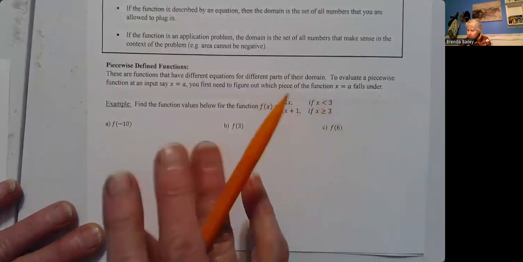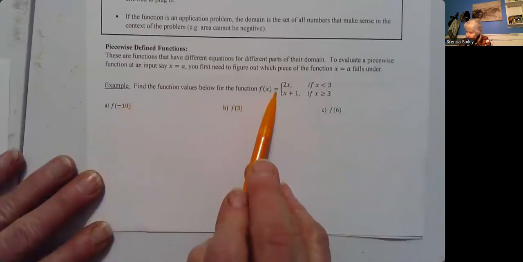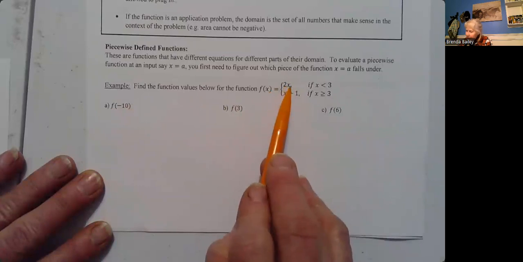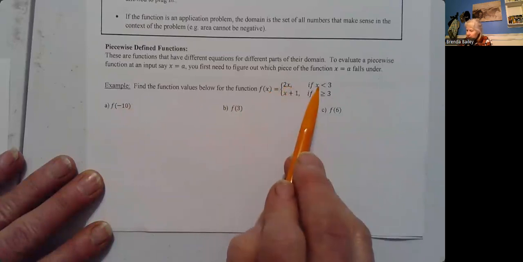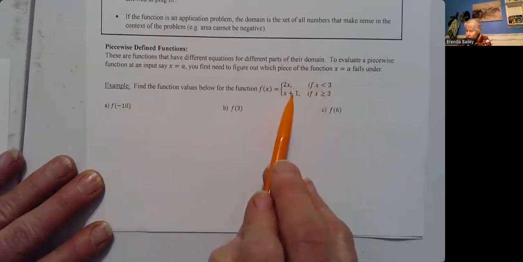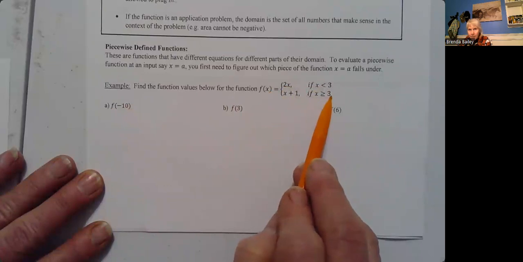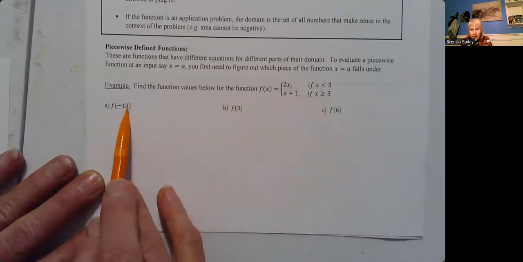So here's an example. We're given this function is equal to 2x if you're putting in a number that's less than 3. You'll use x plus 1 if you're putting in a number that's greater than or equal to 3. Let's look at negative 10.